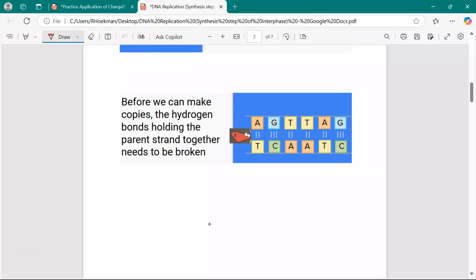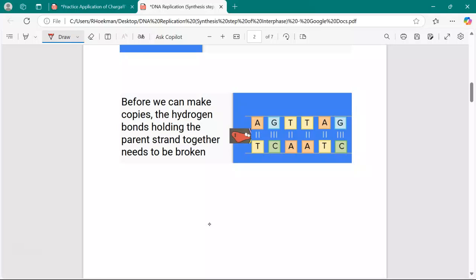And how we do it is we use an enzyme. So enzymes, remember, they speed up reactions and they can either break things apart or bind things together. Well, we are going to use an enzyme, and actually your body uses an enzyme to break it apart. So it's going to take your DNA strand that has the two halves of the ladder, and it's just going to zip it apart.